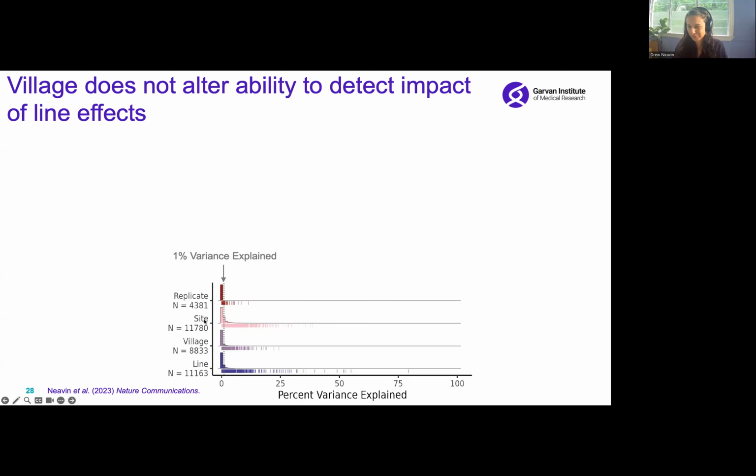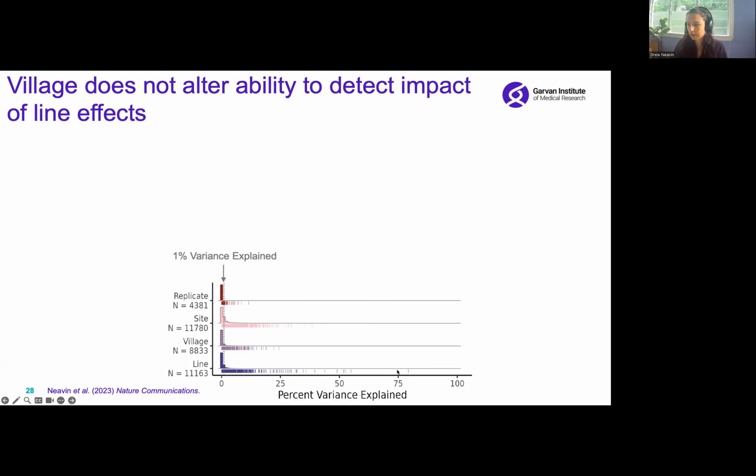So the replicate, the sites, so the 3 different locations across Australia, whether it's a village or uniculture, and the 3 different stem cell lines. Across the x-axis, you're looking at the percent variance explained, and this is a histogram with the bars underneath indicating the occurrence of a gene.